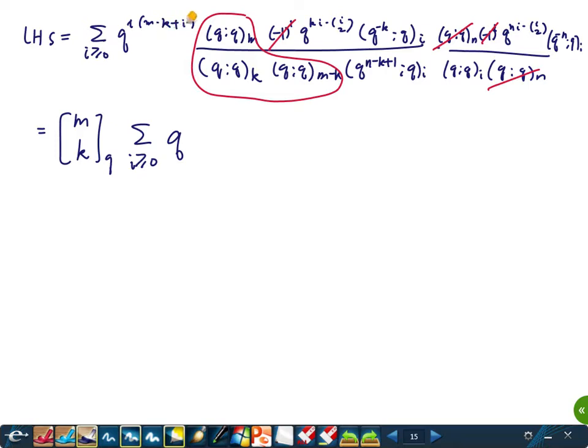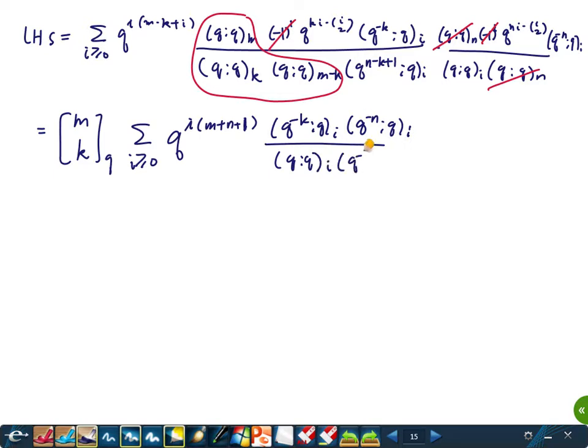Here we have I squared, right? So if you consider this, you will see this is equal to this. It's like that. If you combine these three things together, you will get this. Oh, this is 1, sorry. Okay? Plus 1. And Q minus K, Q I, Q minus n, Q I, Q I, and then this. Oh, plus n minus k plus 1, Q I, and that's it.